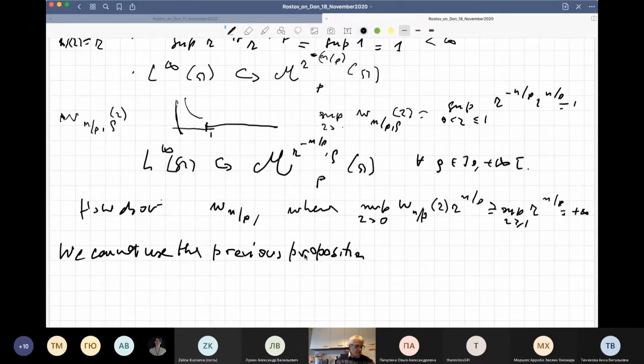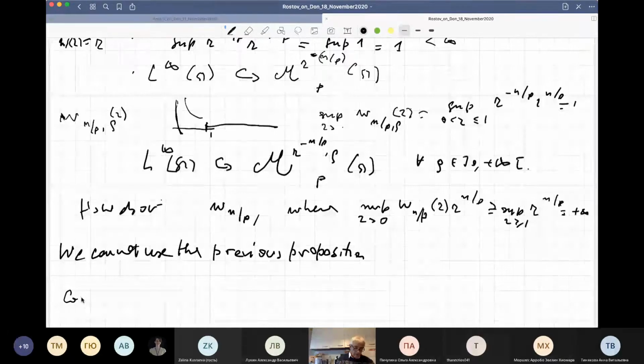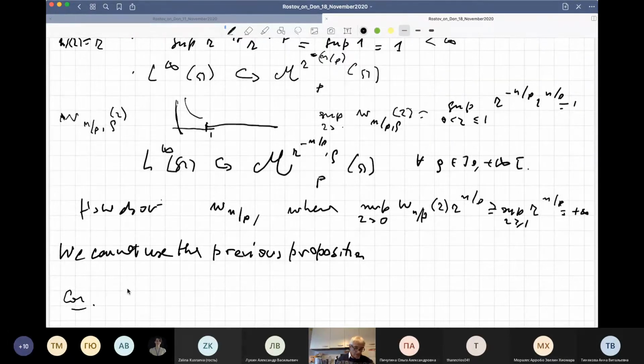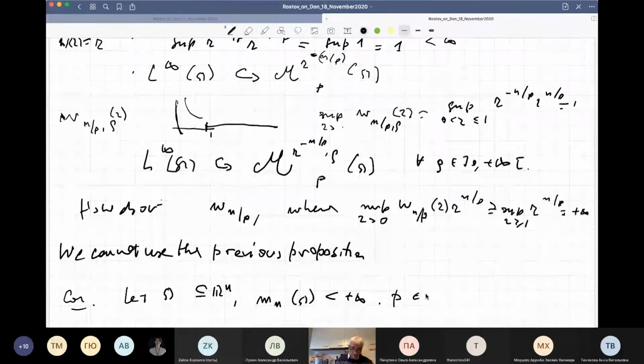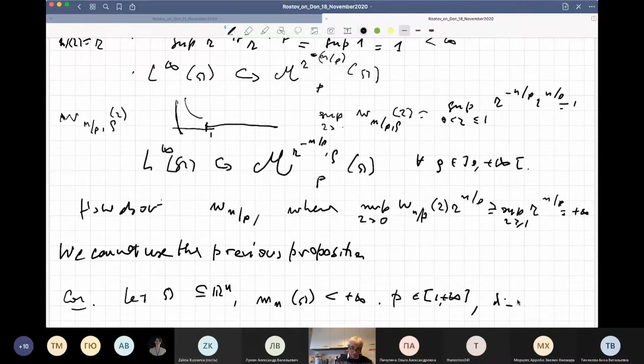But we can prove the following corollary, or maybe proposition by itself. Let omega be a subset of R n in the case in which the measure is finite, and lambda equal to n over p.